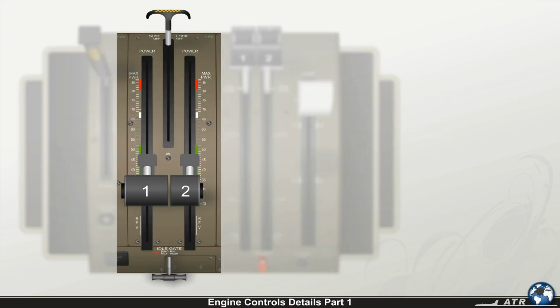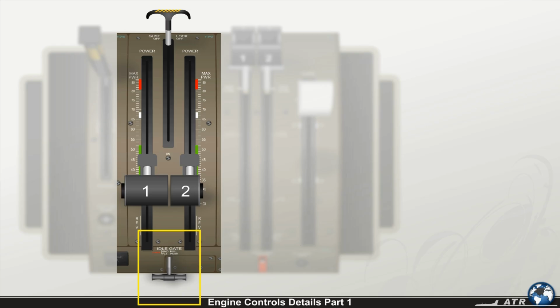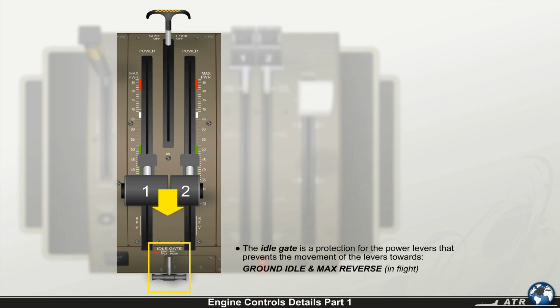Each power lever has selectable settings identified as forward stop, go-around ramp, max rated torque, notch, white marks, flight idle, the minimum in-flight power setting, ground idle, and maximum reverse. The idle gate is a protection for the power levers that prevents the movement of the levers towards ground idle and max reverse in flight.